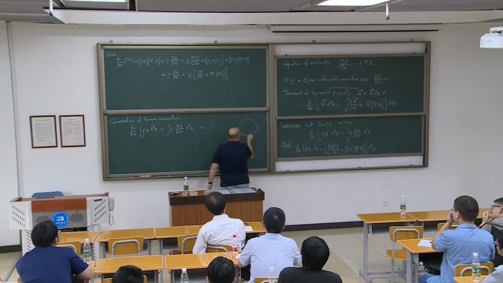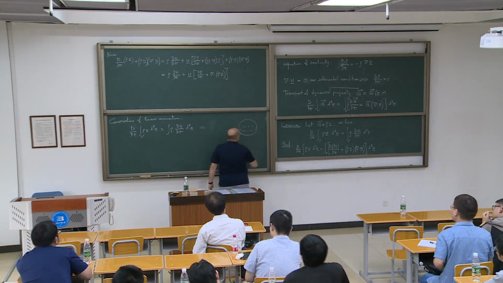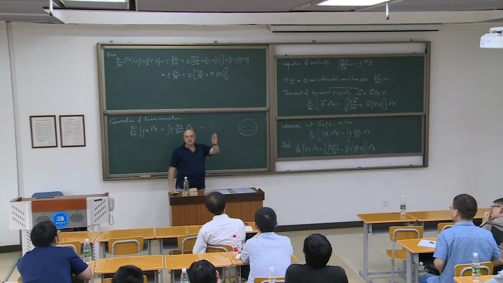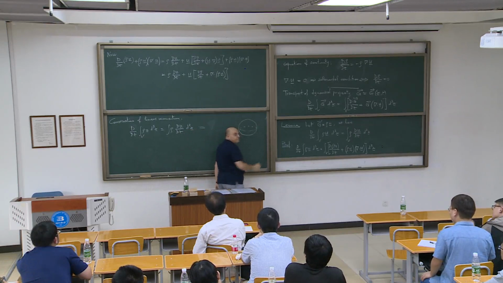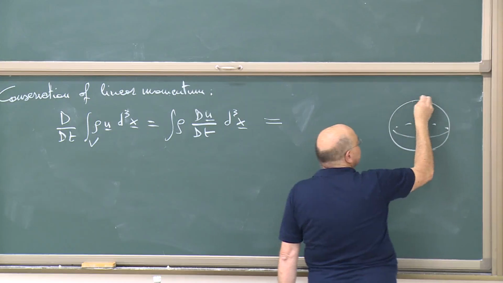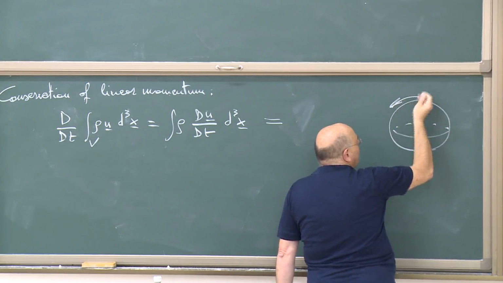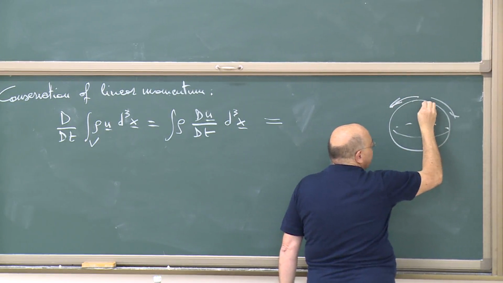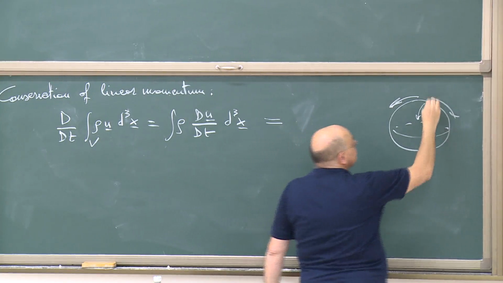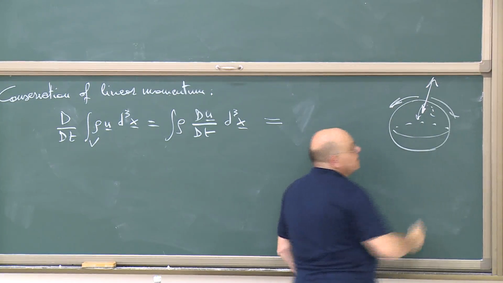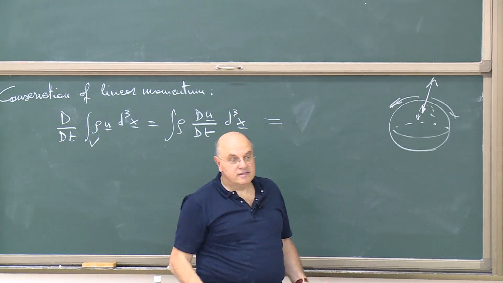Imagine you have a sphere, and this is your elementary volume. And then you may say, okay, I have a force that is acting along the surface of the sphere, and I have a force that is acting orthogonally.